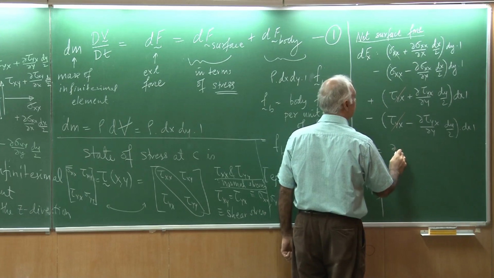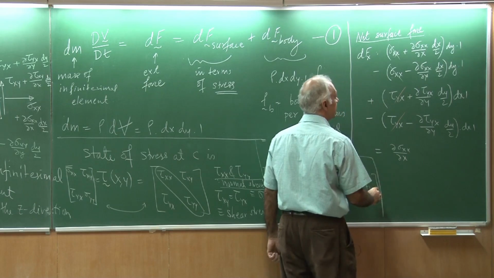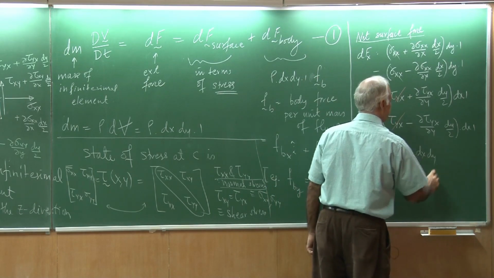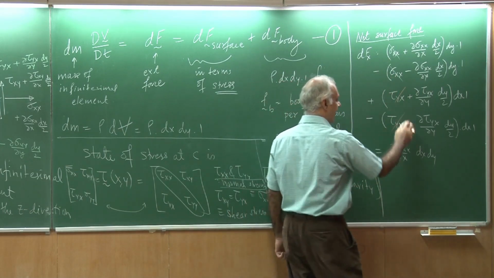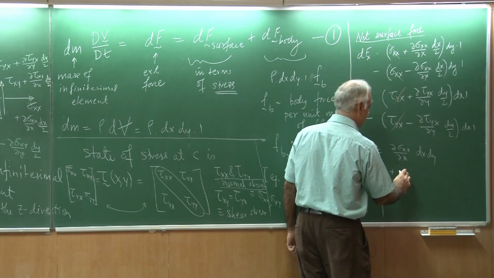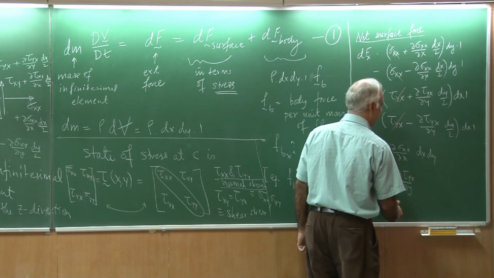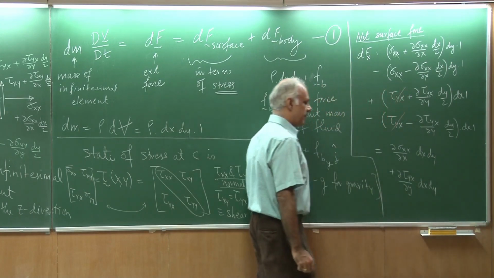So I write this as del sigma xx by del x dx dy. That's the sum of these two terms, and for the next I get plus del tau yx by del y dx dy.